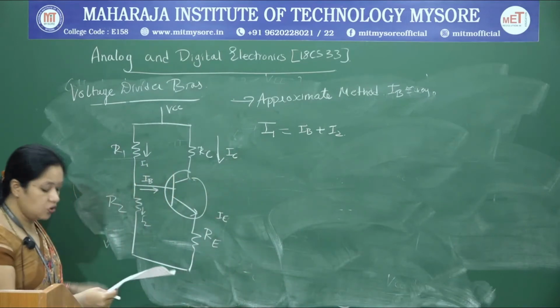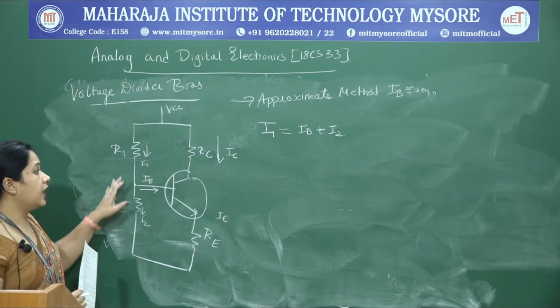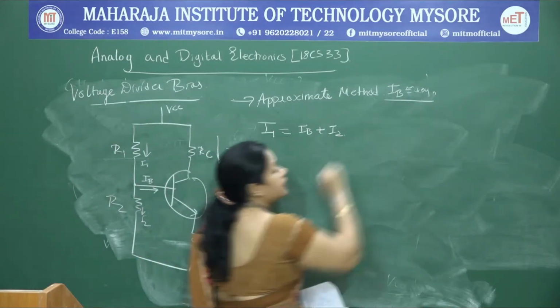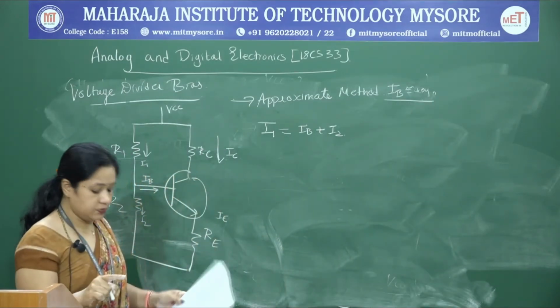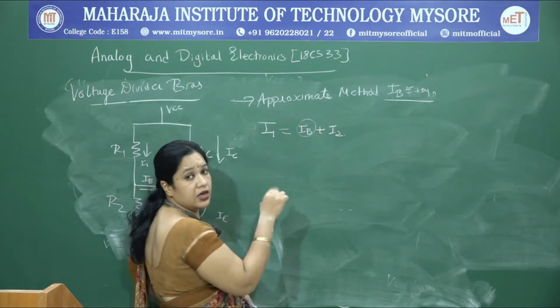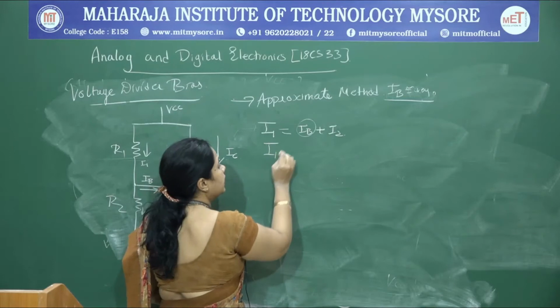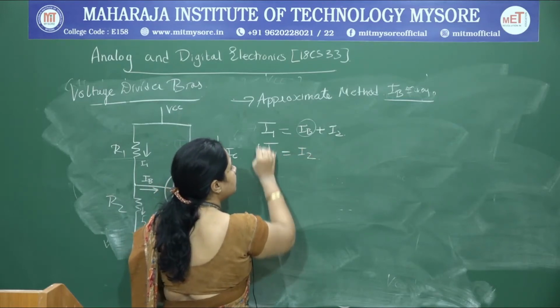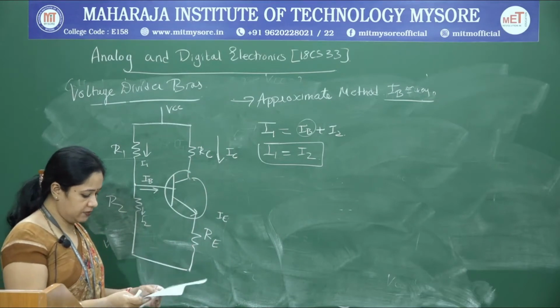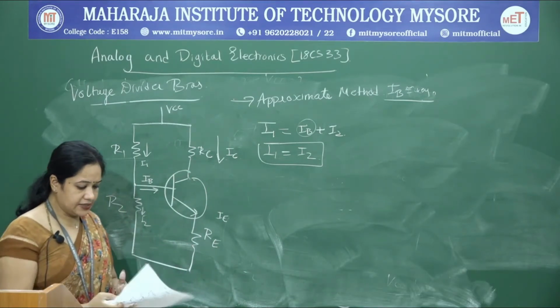Incoming current is equal to the outgoing current. And because it is an approximate method, I assume IB is very small and negligible. So we will approximate IB to 0, and the currents end up being I1 is equal to I2. We will proceed with this approximation and do the analysis.